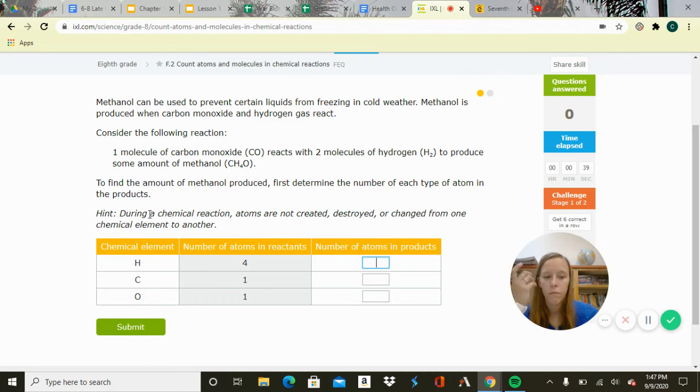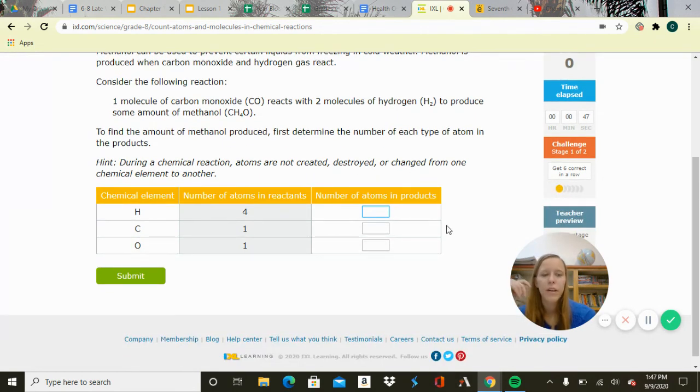Hint. Remember, during a chemical reaction, atoms are not created, destroyed, or changed from one chemical element to another. So what does this mean? There has to be the same number of hydrogen atoms in the reactant as there are in the product. So we're going to put 4. Carbon, same thing, it cannot change.